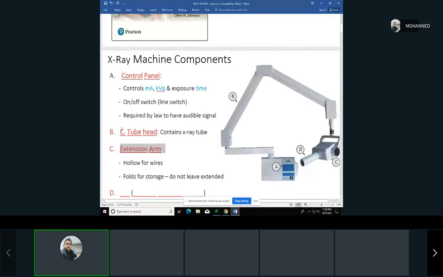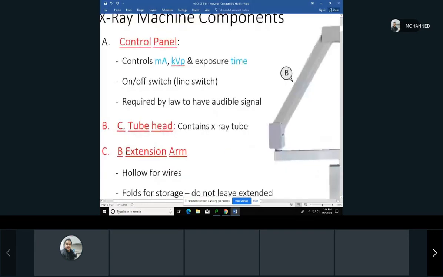Just type C before that. That's what happens when you work late. So the bullets under it are also wrong. C is B. Don't worry about these A and B.